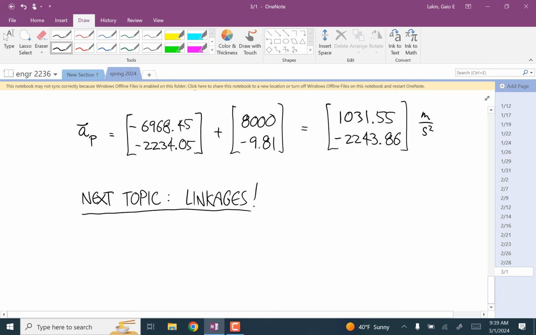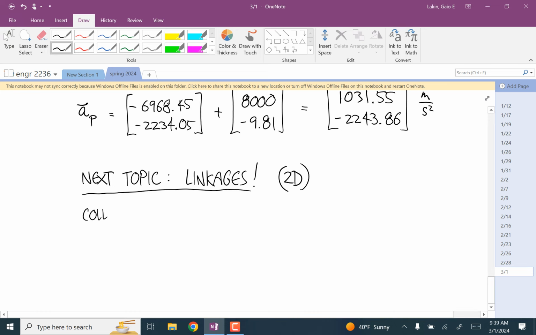This is one of my two favorite topics in this class, linkages. It's useful in any kind of machines, engines, anything like that. We're only doing it in 2D, so it has to be planar motion, but that's a lot of important stuff.